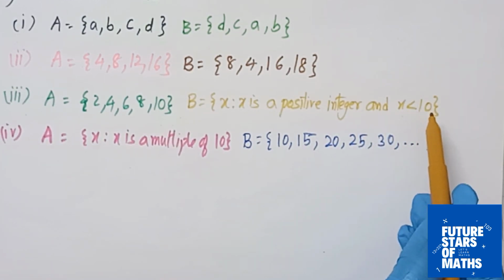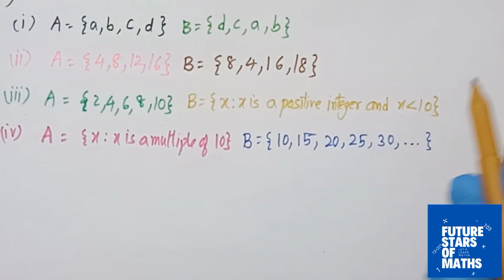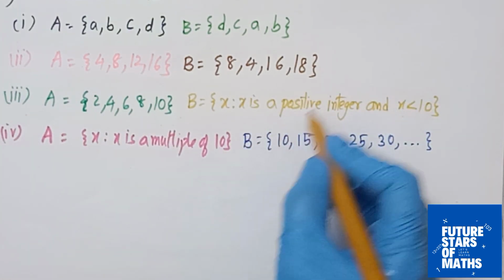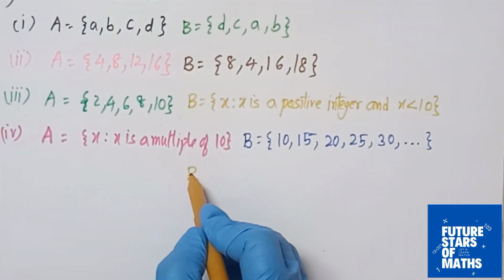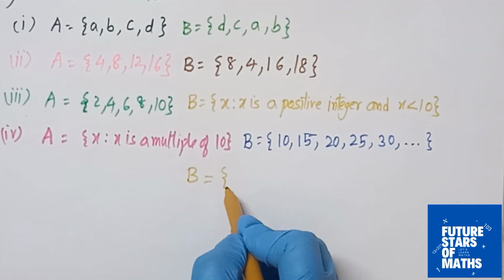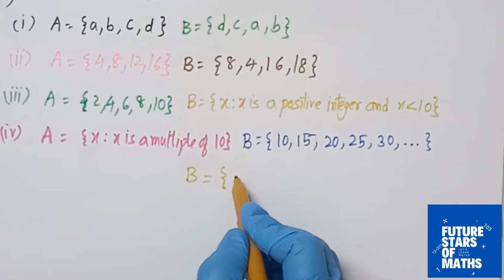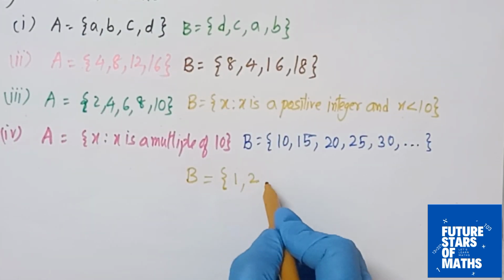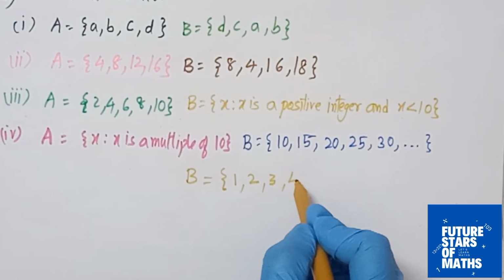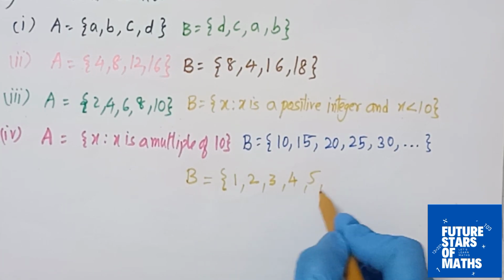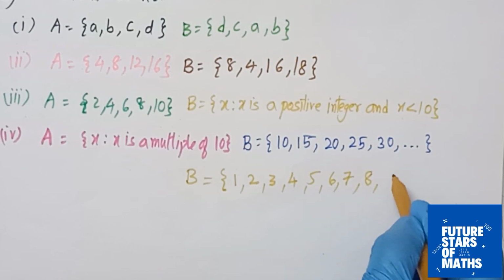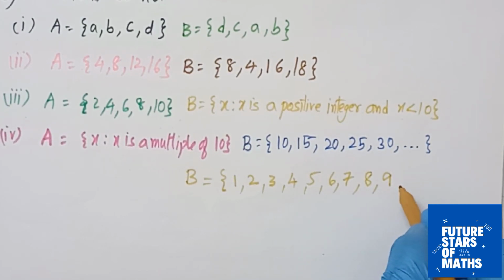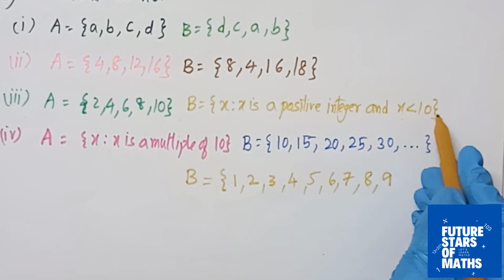So the numbers which are less than 10, we have to write. What are those numbers? Can we write B equal to all the positive integers: 1, 2, 3, 4, 5, 6, 7, 8, 9. We should not write 10 because x is less than 10.